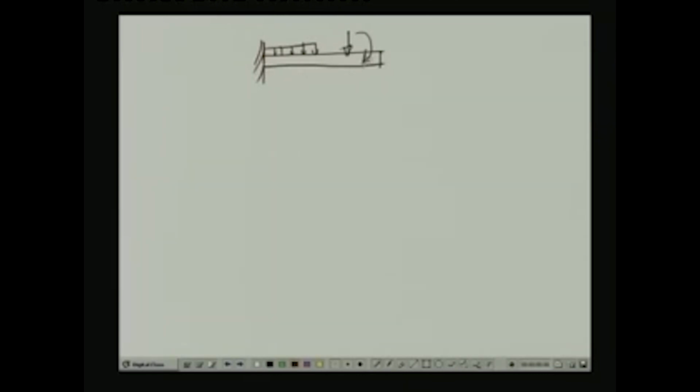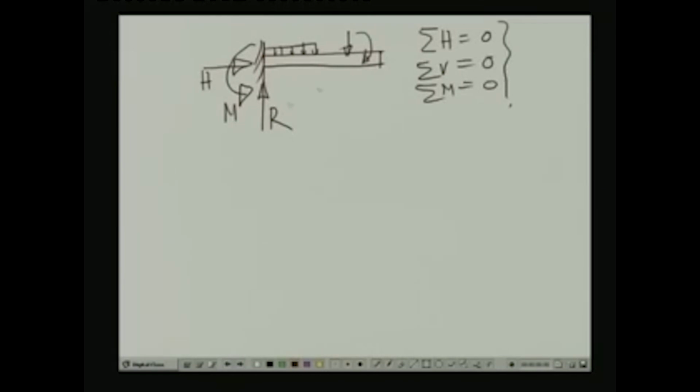At this end we have a fixed support where we have reactive forces: the vertical force R, the horizontal force H, and the moment M. All these three quantities can be evaluated using the equations of statics, namely summation of horizontal forces equals 0, summation of vertical forces equals 0, and summation of moment at any point within this beam equals 0. If we do that, we can evaluate these unknown reactive forces H, M and R.